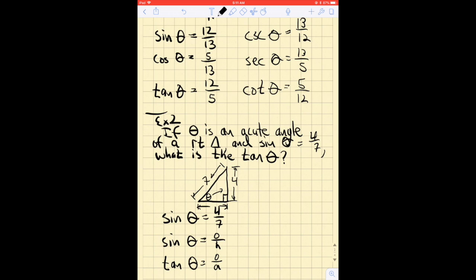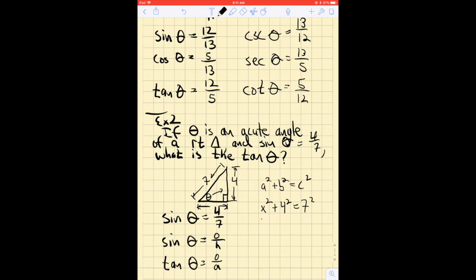So we need to use the equation that relates the sides of the right triangle, and that is the Pythagorean theorem, which states that a squared plus b squared equals c squared, right? And so we say x squared, the unknown side, plus the known side, which is 4 squared, is equal to 7 squared.